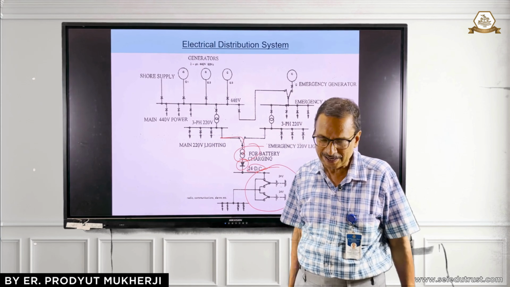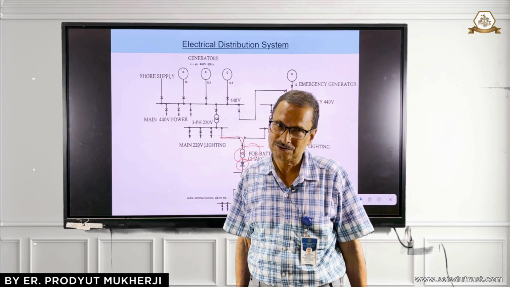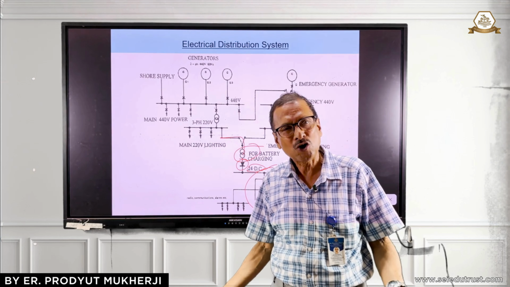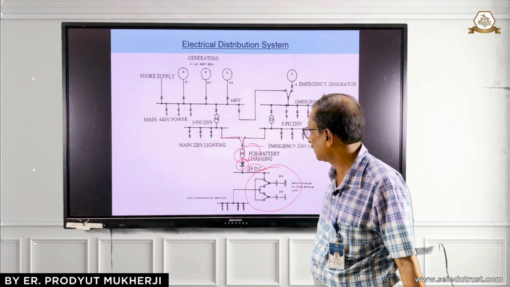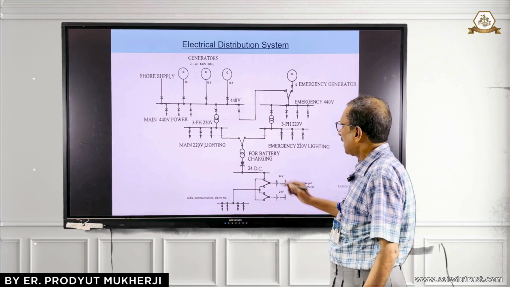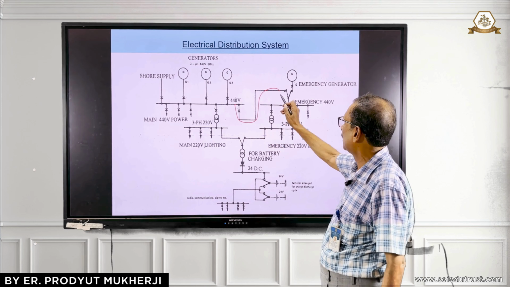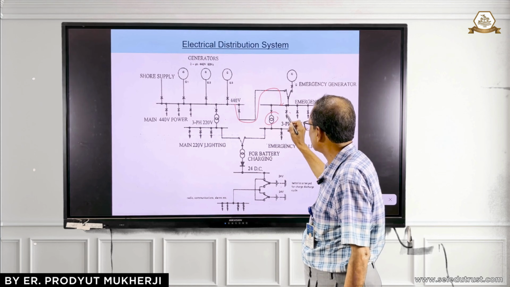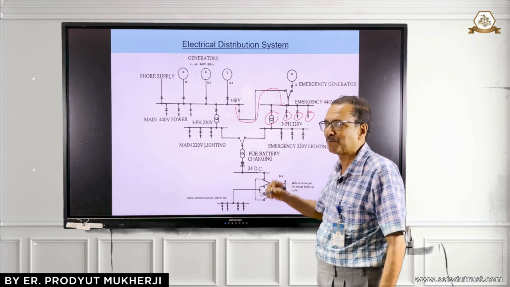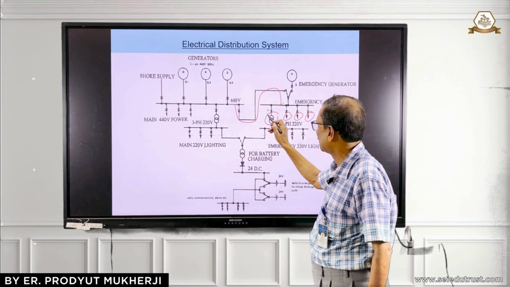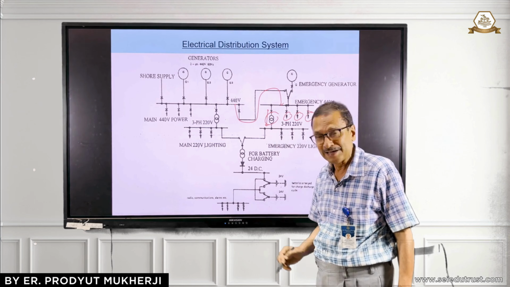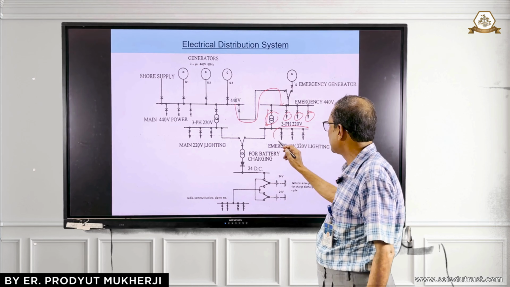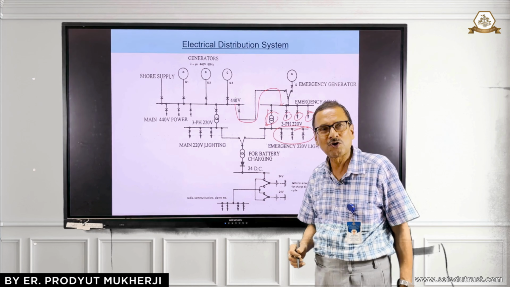The emergency battery is being charged, either trickle charge or full charge, which we shall discuss a little later. And of course, another line goes to the emergency switchboard from where different emergency equipment are supplied. Here, of course, there is a step-down transformer again, which supplies the emergency lights on board a ship.